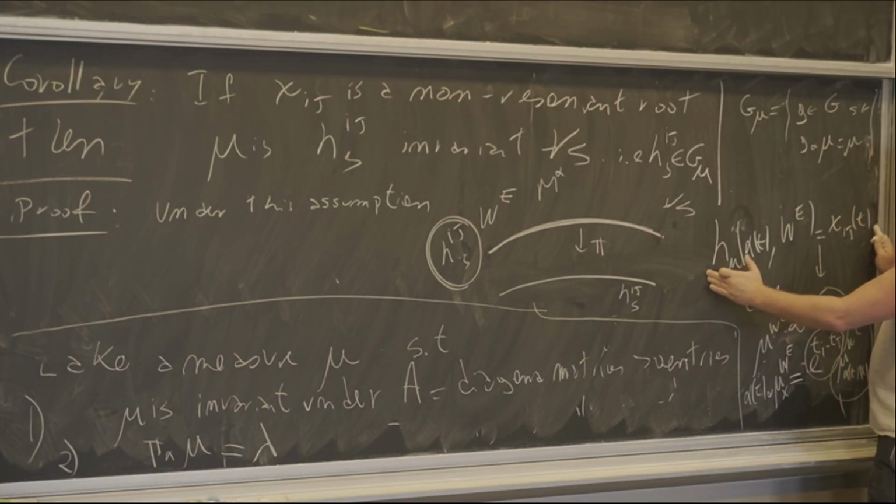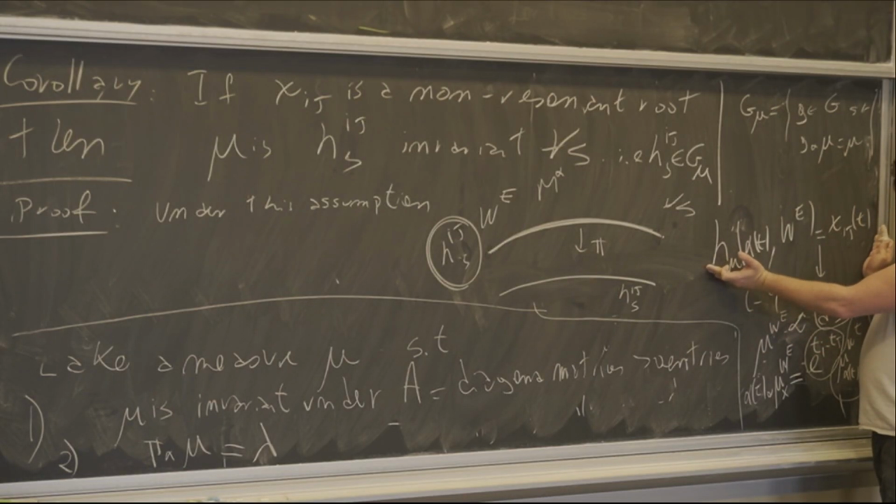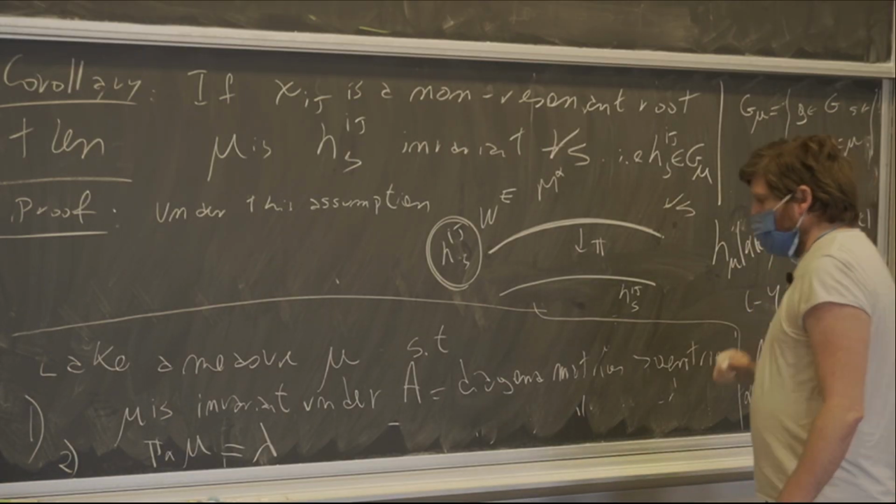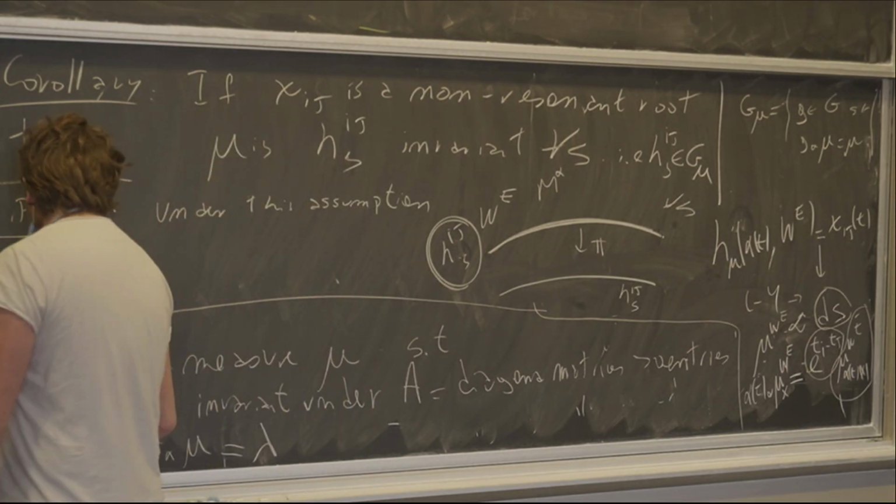The formula tells that this is true. And then the lemma tells you that whenever this is true, the conditional measures are not only equivalent to ds, but the Radon-Nikodym derivative is constant, which implies that you are equal to ds up to a constant. And this is invariance by the flow.